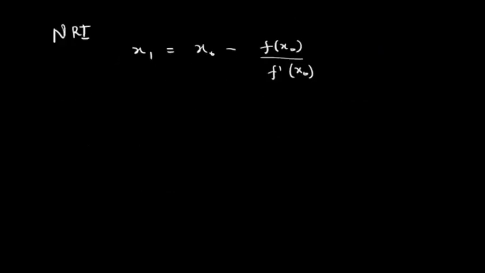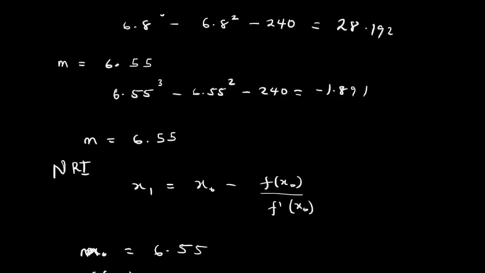So if I want to solve this now, my x naught is my guessed value, but in this case we are using m, right? M naught is 6.55, and f of m naught should be this.